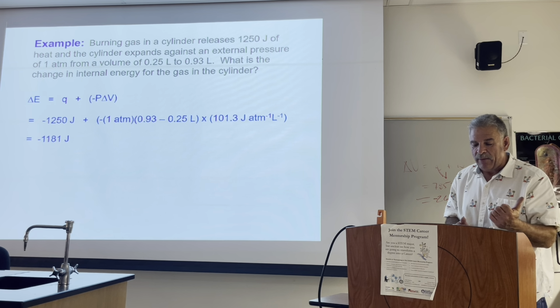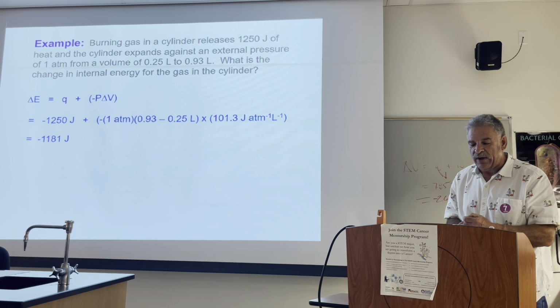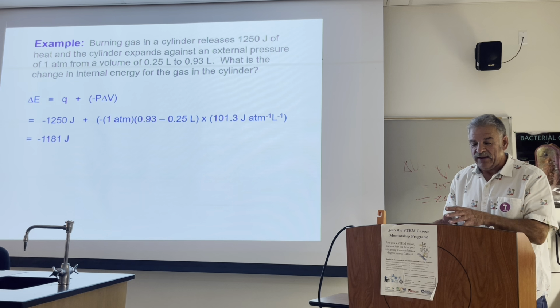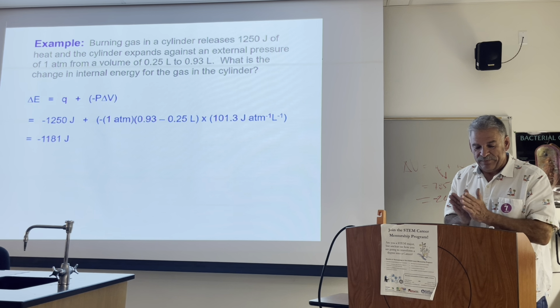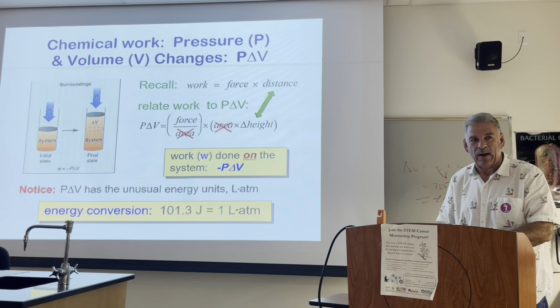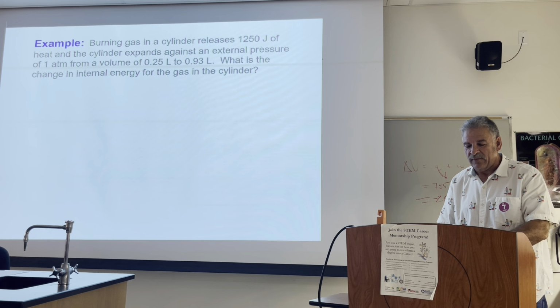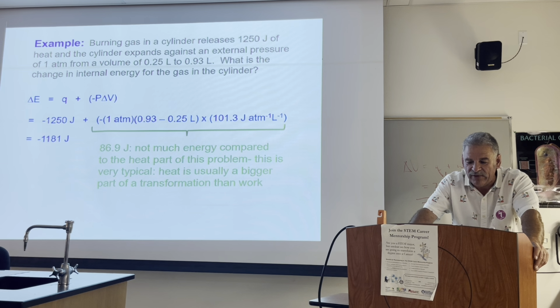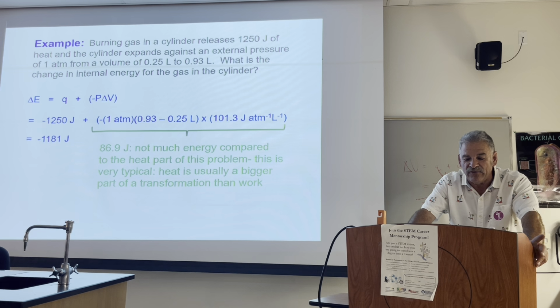Plus the minus of 1 atmosphere times 0.93 minus 0.25 liters times the constant, the energy conversion to liter atmosphere units, 101.3. So now that's everything you need. 86.9 joules, not much energy compared to the heat part of this problem. This is very typical. Generally heat is usually a bigger part of the transformation than work.